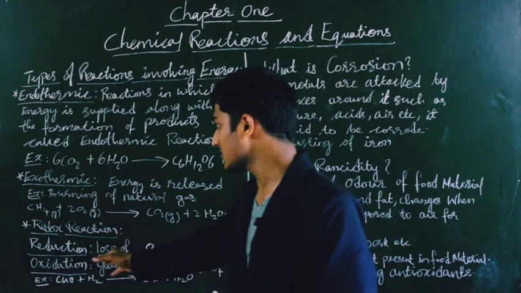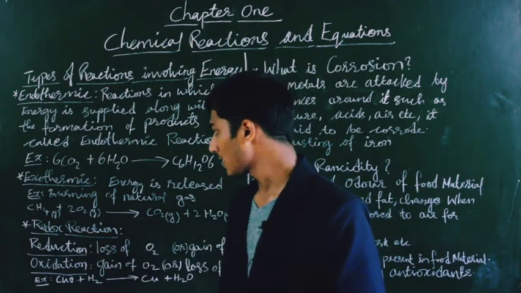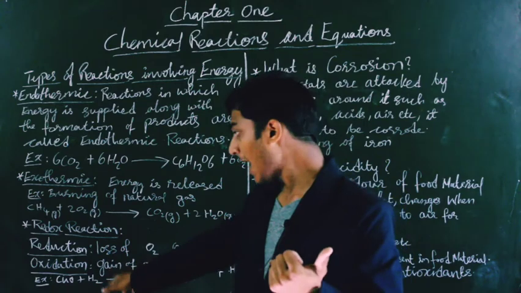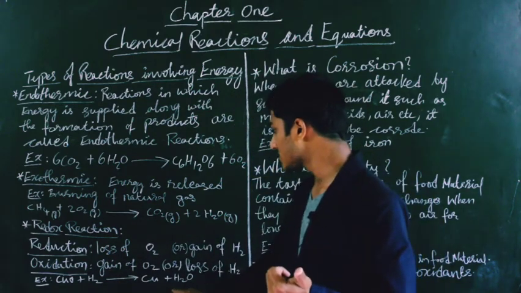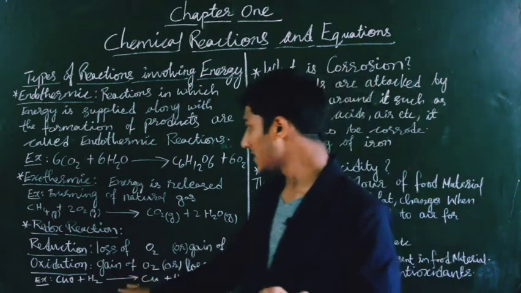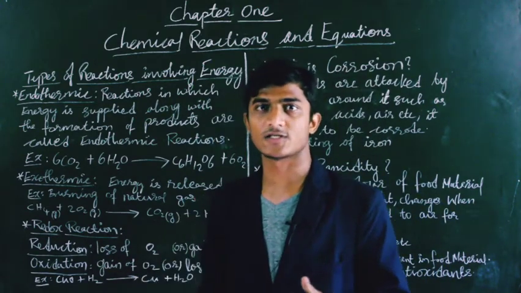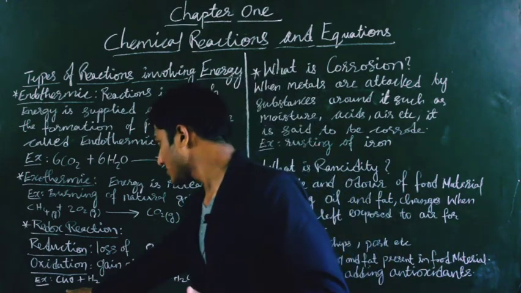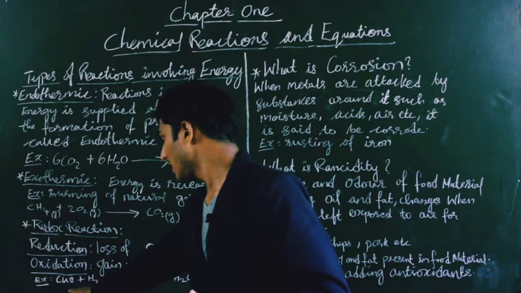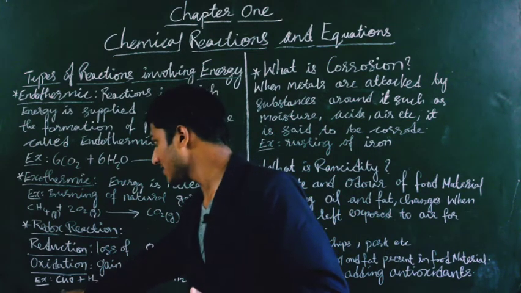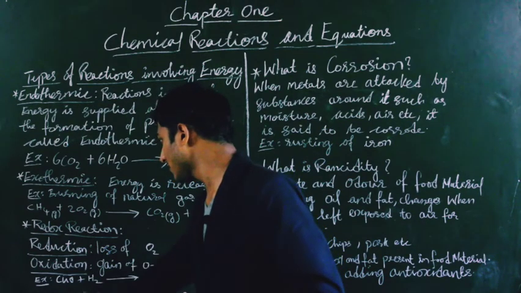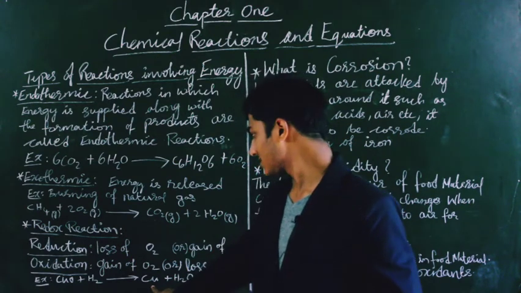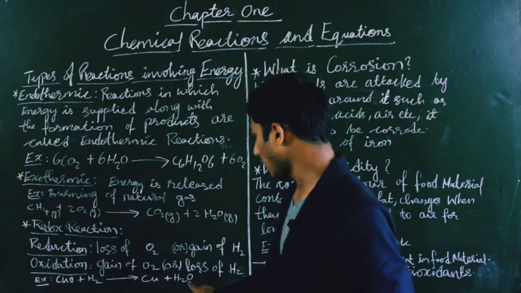We'll understand this redox reaction with an example. Let's see carbon oxide combining with hydrogen to form carbon plus water. In this chemical reaction, both oxidation as well as reduction are taking place. In carbon oxide, there is an oxygen atom present with carbon. When it combines with hydrogen, in the products we see carbon losing the oxygen atom and hydrogen gaining oxygen.